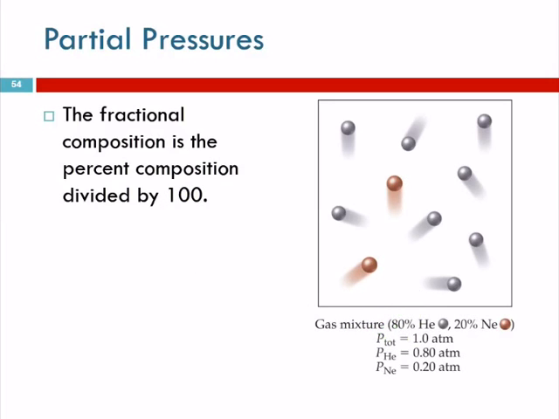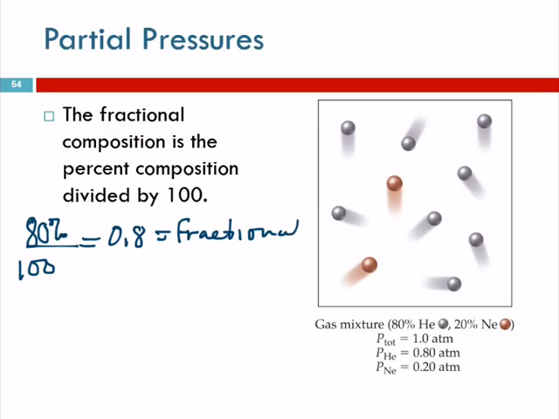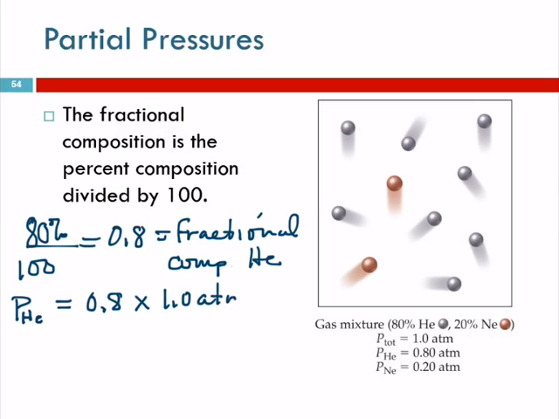So if it's 80% helium, divided by 100 equals 0.8. That's the fractional composition of helium. The partial pressure of helium equals the fractional composition times the total pressure. So that's 0.8 atmospheres.